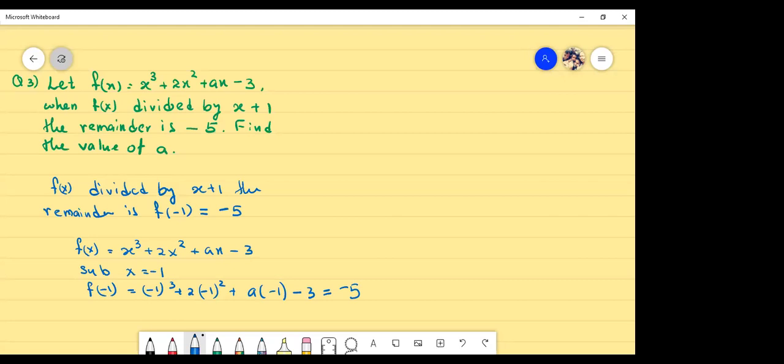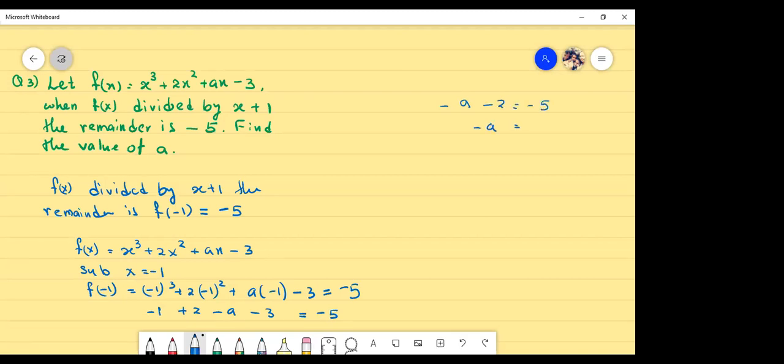Right? Now we write this. Here the minus 1 plus 2 minus a minus 3 equal minus 5. Okay. Now we simplify it. Here minus a minus 2 equal minus 5.